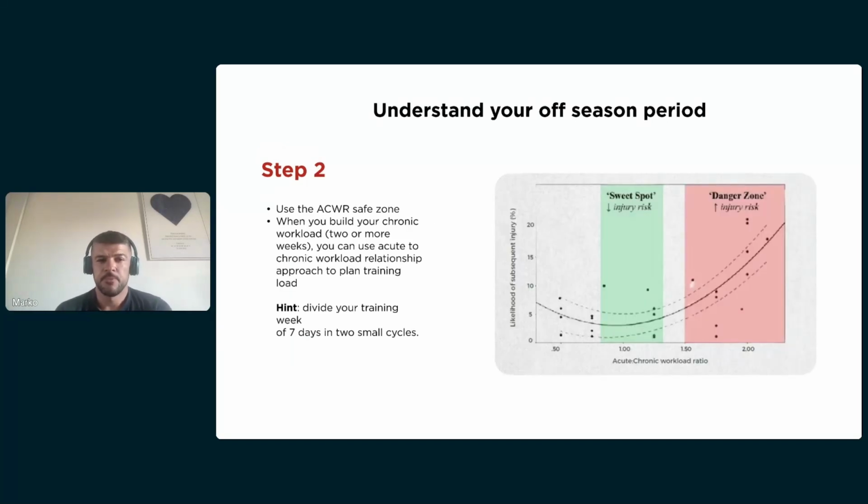Step 2 is we can use ACWR, and we can divide the week into two small weeks. So let's say that Carlos has 300 meters of sprinting in the first week, and in the second week of preseason, I want to use the zone. The zone is 0.8 to 1.2.